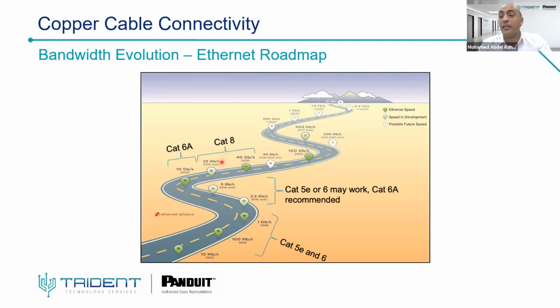But currently in the market, you cannot find equipment that can support Cat8 copper 25 gig and 40 gig using twisted pair solutions. It is not available yet in the market. Cisco also has no switch till now, and Cisco doesn't have a roadmap for Cat8 solutions to support 25 or 40 gig.